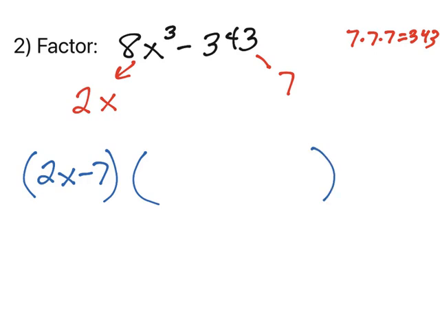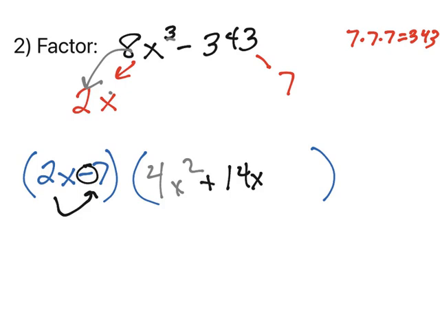In my trinomial, 8 divided by 2 is 4. I had x cubed, I got rid of an x, so I have x squared. Middle term, I'm going to multiply 2x times 7, and I get 14x. I need the opposite sign, so it's going to be positive. And then last but not least, 343 divided by 7 gives me a positive 49. And so it's 2x minus 7 times the quantity 4x squared plus 14x plus 49.